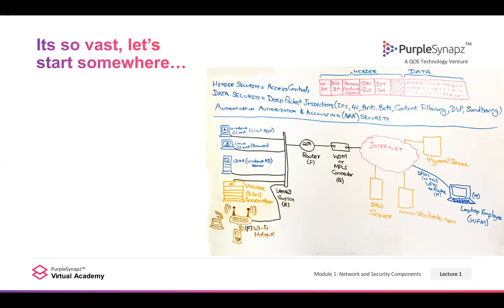Prioritizing traffic means traffic carrying a voice message has to be given a higher priority than traffic carrying a mail, because if the voice traffic does not reach on time, or there is a delay, then you will see a skewed voice.